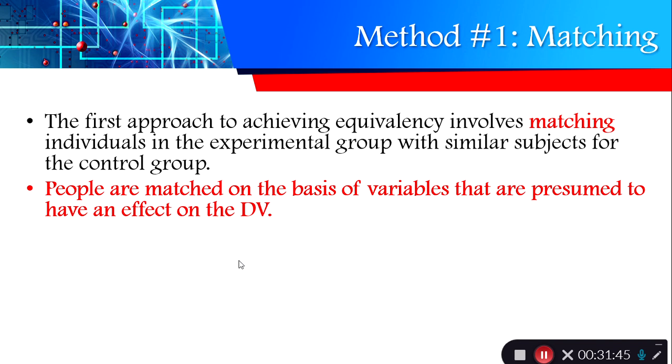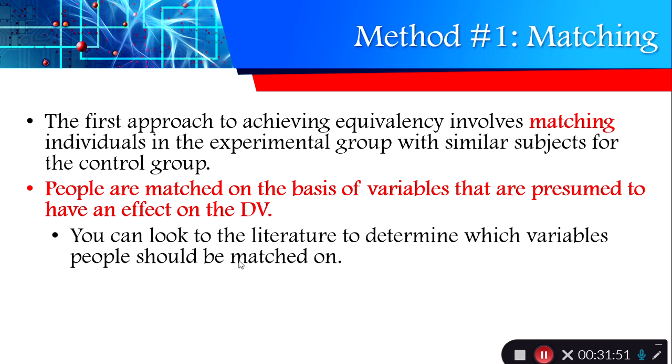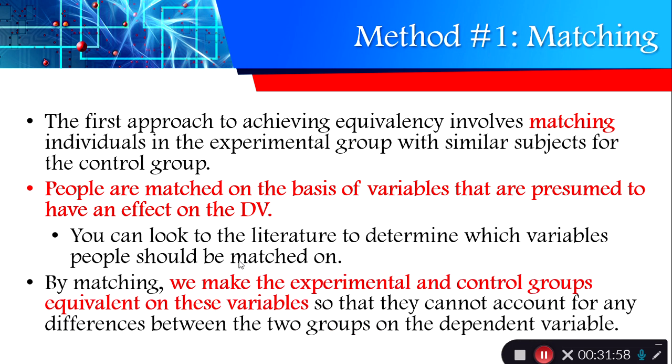People are matched on the basis of variables that are presumed to have an effect on the outcome of the intervention. One of the things that you can do is look to the literature to determine which variables people should be matched on. Okay, so by matching, we make the experimental and control groups equivalent on these variables so that they cannot account for any differences between the two groups on the dependent variable.